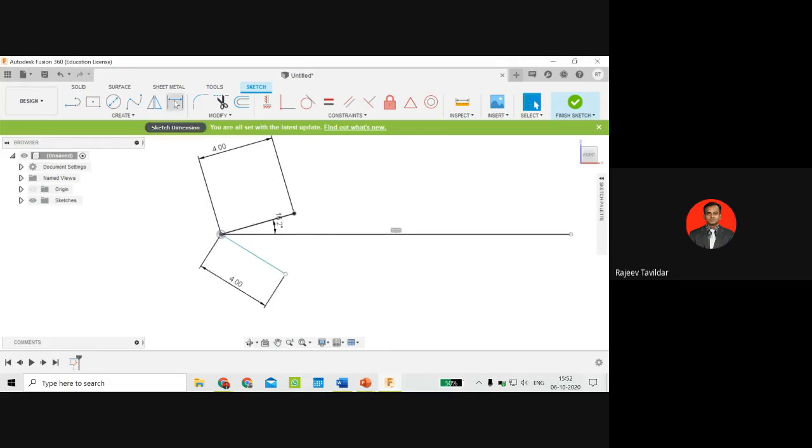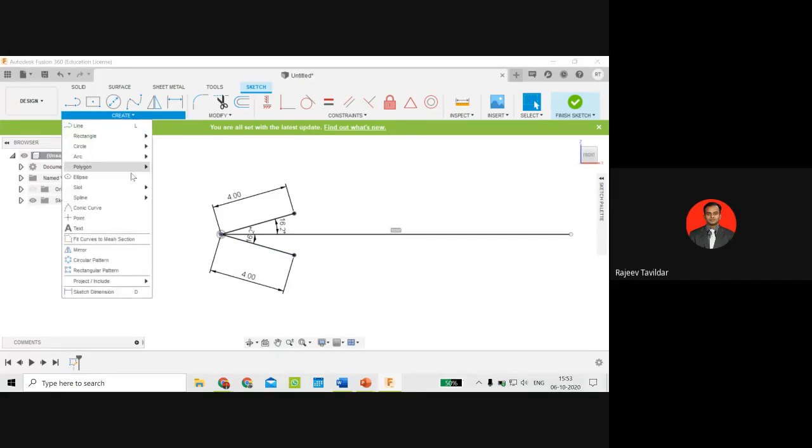And I'll ensure that even this degree is 16.2. Okay, so we have drawn the two input link positions, O2 A1 and O2 A2, such that they are bisecting the horizontal line. You can draw this. Meanwhile, I'll just give the naming.